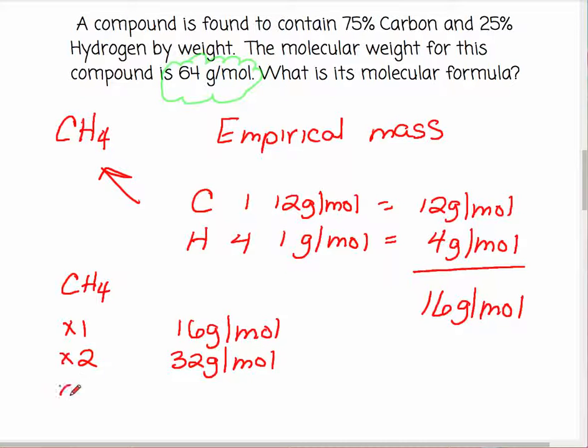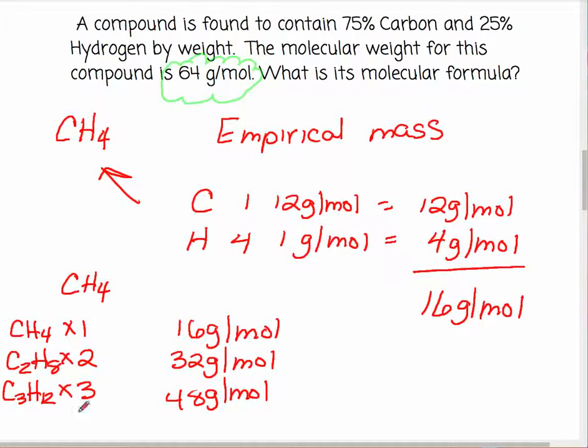Let's write this so that you can see what I'm doing. CH4 times 2 would be C2H8. That's 2 times this. C3H12, that's 3 times this. CH4 times 1 gave us CH4, CH4 times 2 gave us C2H8, CH4 times 3 gave us C3H12. So this is going to be 48 grams per mole.